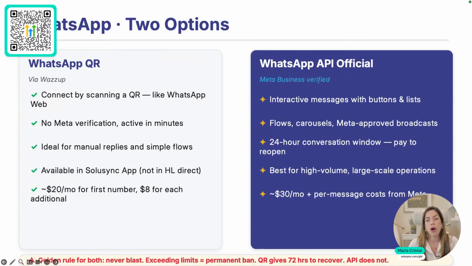So those are the two ways to connect. The WhatsApp QR is when, just like on WhatsApp Web, you scan a QR code. You need no verification, no template flow. So money-wise, it's less expensive, right? In Solution app, my own SaaS, you have this opportunity of using WhatsApp QR, and I'm going to show you both right now.